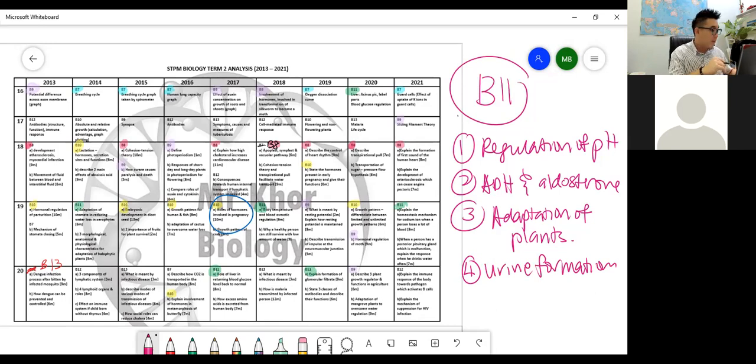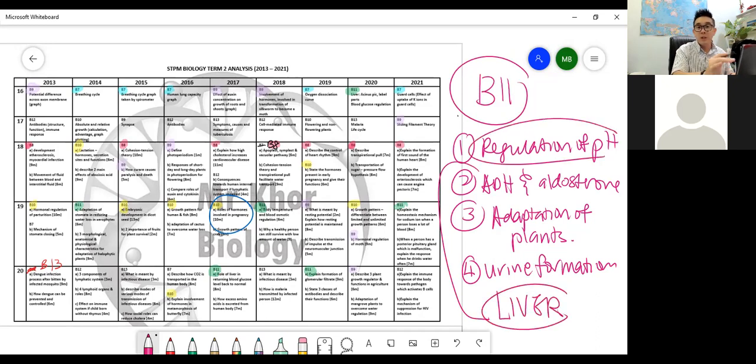Okay, chapter 11. Because temperature, blood glucose, and osmoregulation are Form 5 stuff. Oh, sorry, I missed out one more. It should be here, actually. Liver. Because why?